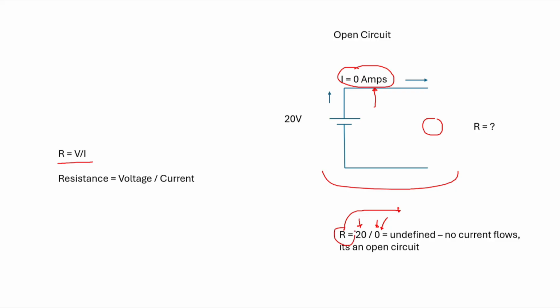Well, the resistance will approach infinity. We'll never get there because you can't divide by 0, but it'll approach infinity. So it was often helpful when I was in college to think of an open circuit as an infinite resistance.